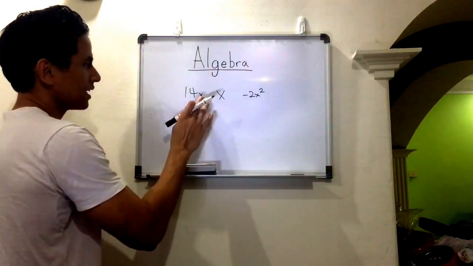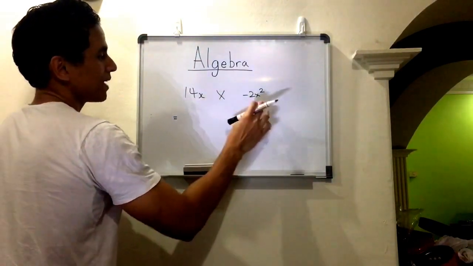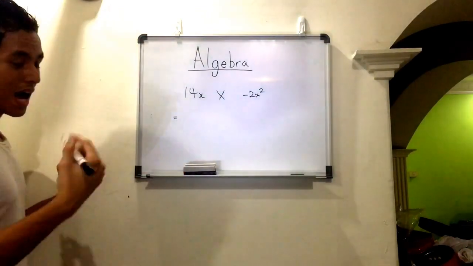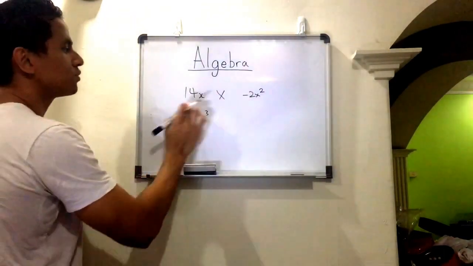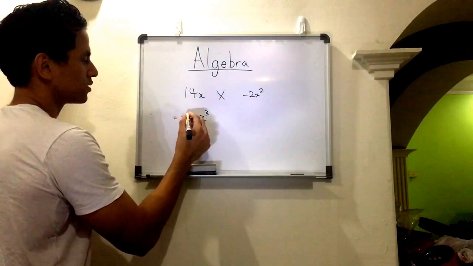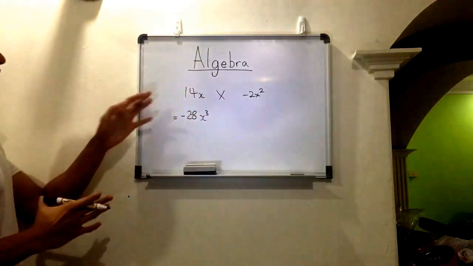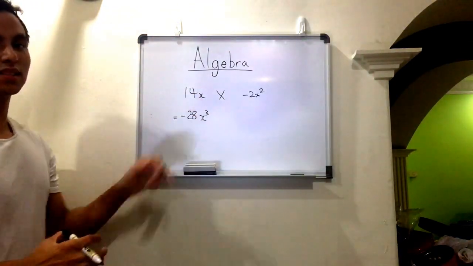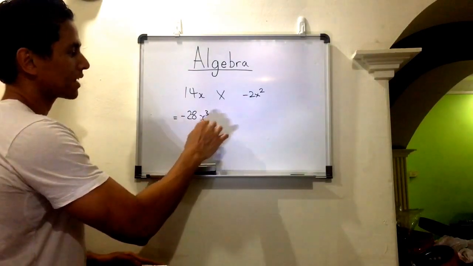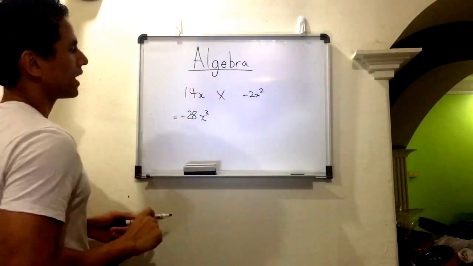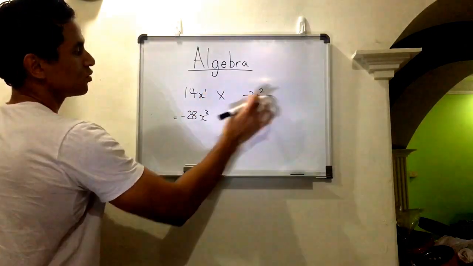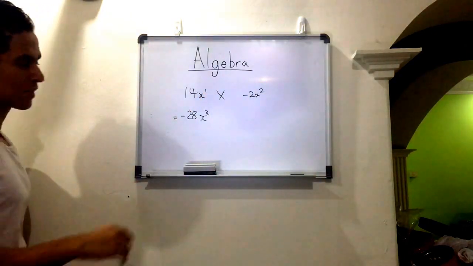We have to see that x multiplied by x squared will just give us x cubed. So minus 2 times 14 is going to give us minus 28. So if it was x squared, it would give us this answer instead. So x cubed, because 2 plus 1, there's an invisible 1 here. So 2 plus 1 gives us 3.